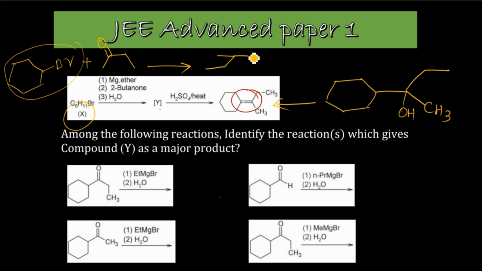This part will form an OH, which will be attached with our ring. So I'm writing it on this side, having methyl and bromo. This Grignard reagent is coming and attacking over here, so it will get attached. This part will become our ring, and this part will become our OH. So here I'm getting OH, which is attached with our ethyl and methyl group, and the methyl group is attached to the carbon.